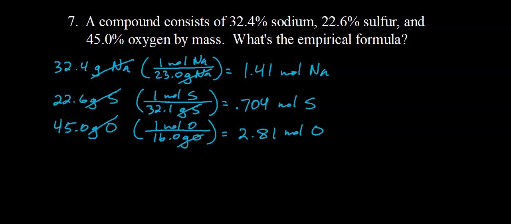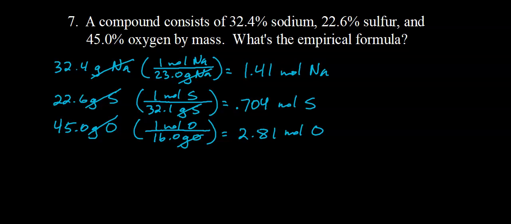So how are we going to do this? There's a number of ways of doing this, but there's one, what I feel, really good way of doing it. Here's how it works. Make sure to divide 2 of them by the same thing. So in this case, you're going to take the 2 bigger numbers of moles and divide each of them by the smallest. Always divide by the smallest, and make sure you divide the 2 others by just the same one.